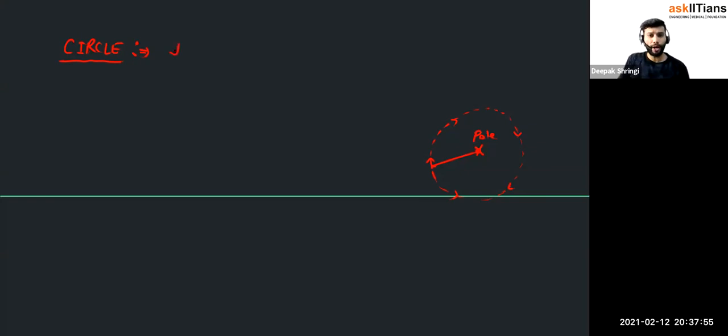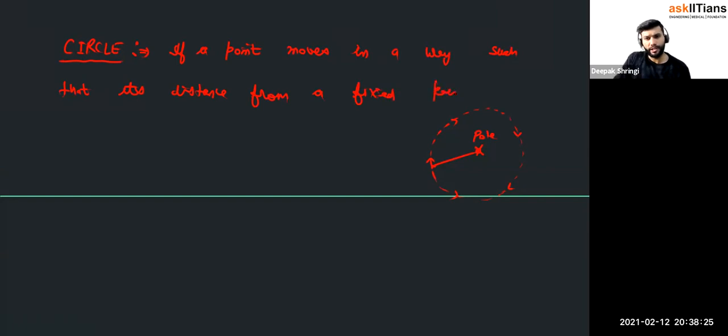If a point moves in a way such that its distance from a fixed point always remains a constant, then the path of the point is a circle.